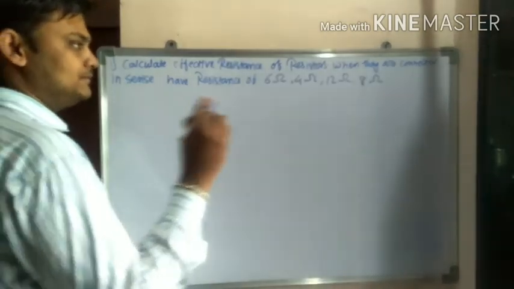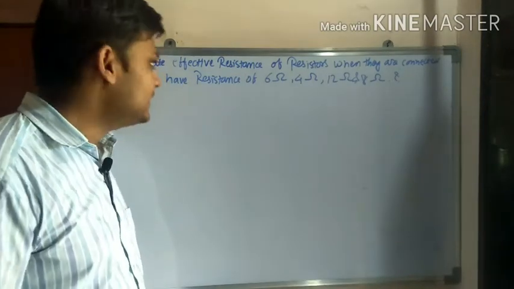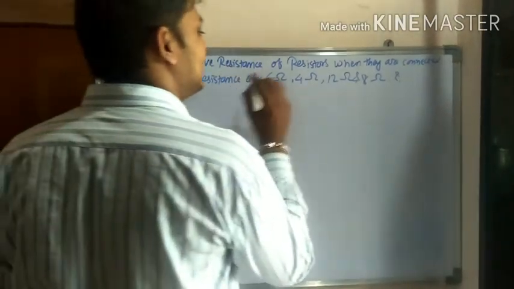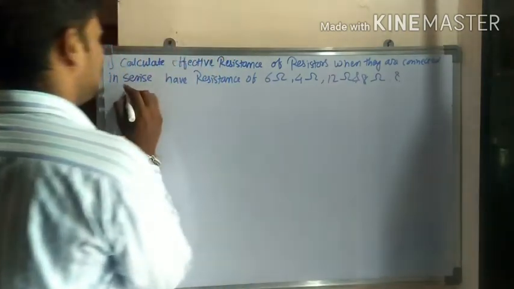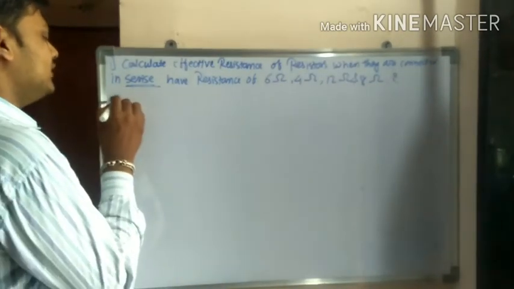Such type of examples are given. You must have to see the resistance are connected in which series or parallel. A series is given, so we are going to do given data.